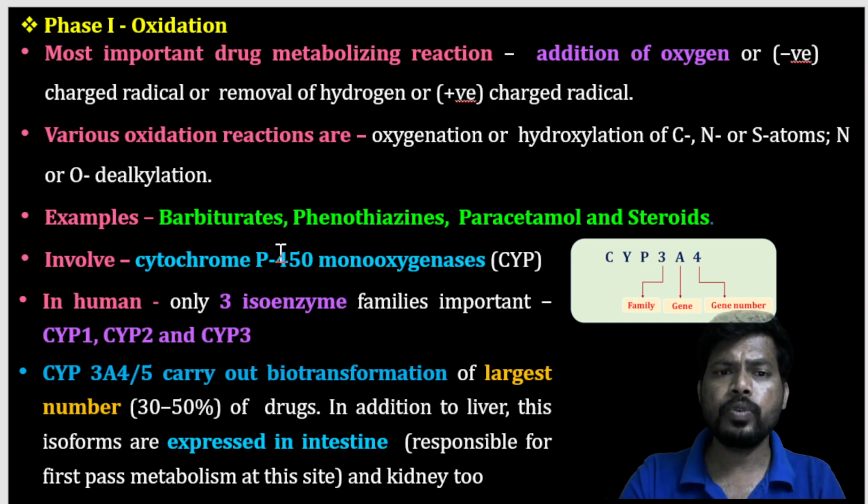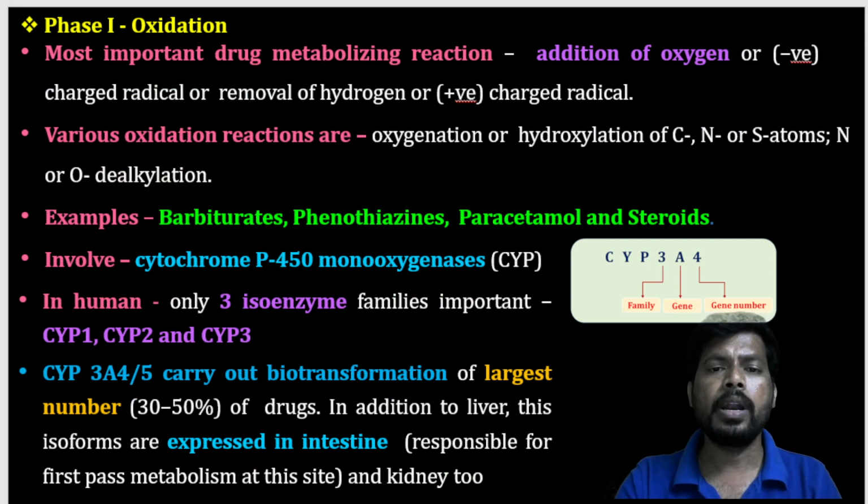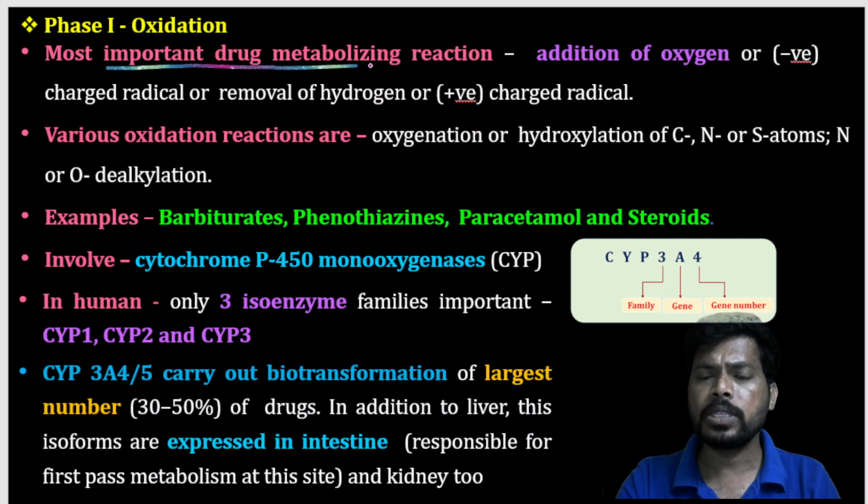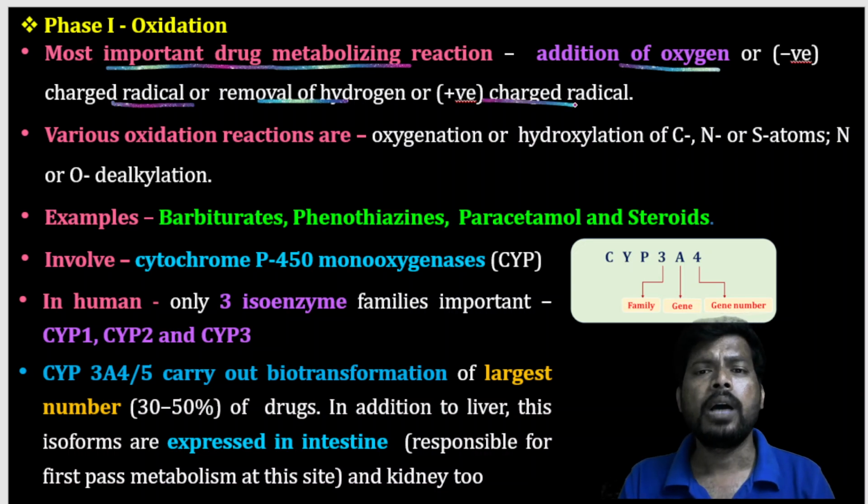Next, first we will go with the oxidation, phase 1 oxidation. Regarding phase 1 oxidation, the most important drug metabolizing reaction is simply addition of oxygen or negatively charged radical, or removal of hydrogen or positively charged radical. So simply this is the basic thing, oxidation.